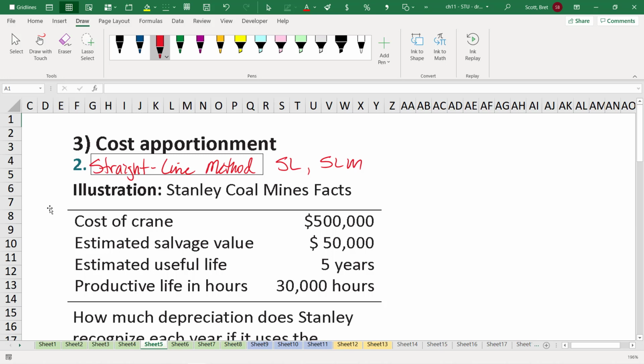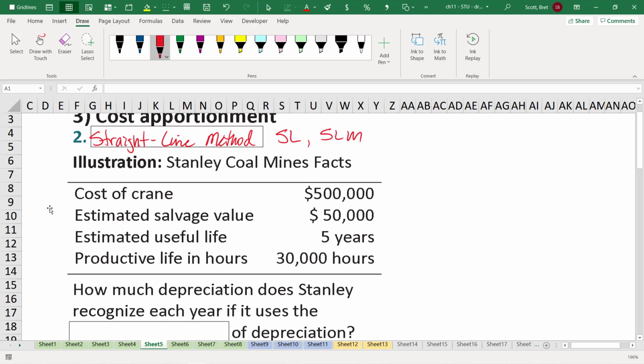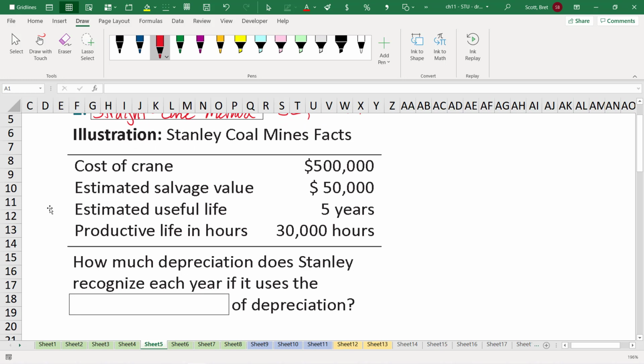In this case, we need to figure out how much depreciation Stanley recognizes each year if it uses the straight line method. And we still want to calculate a depreciable base of $450,000.